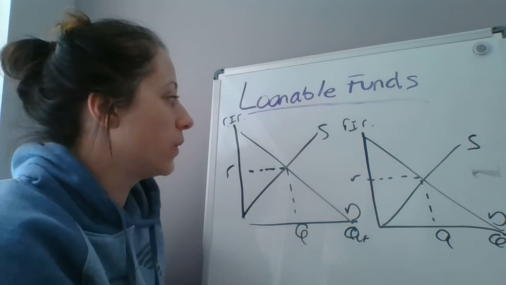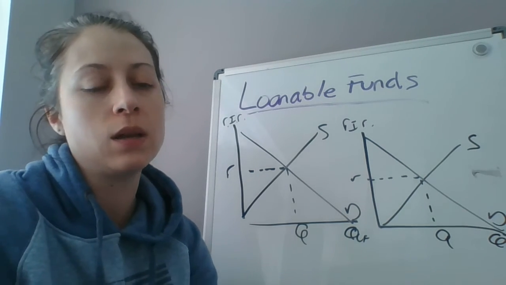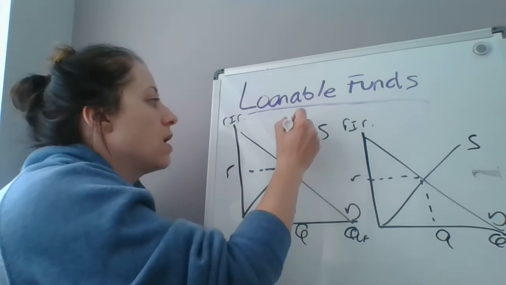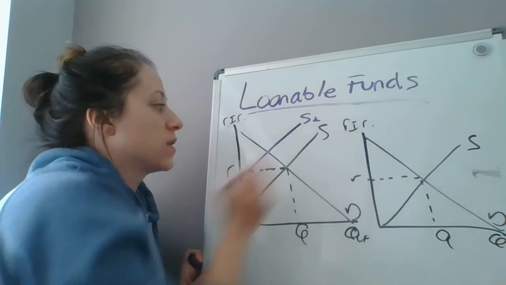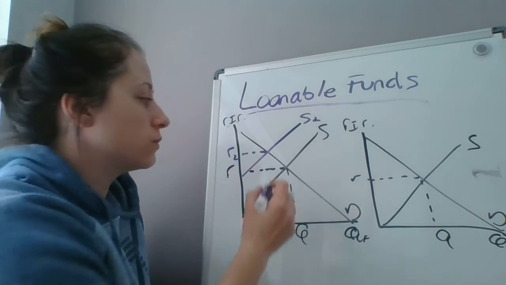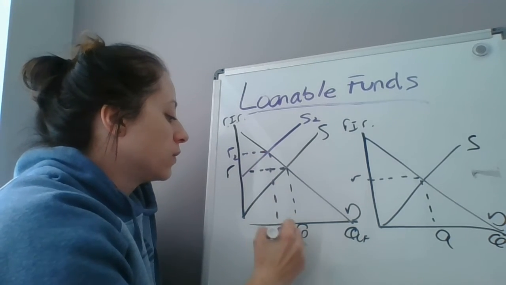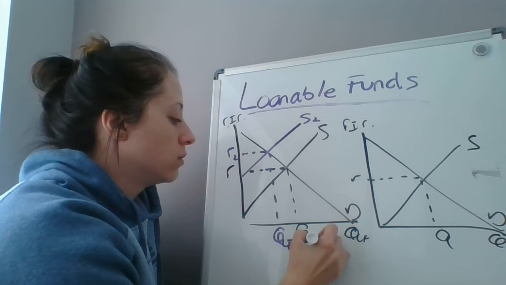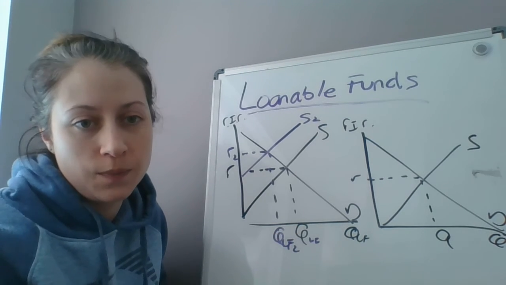When they borrow money, what they're literally doing is taking money out of supply, right? And so your supply curve shifts to the left, which causes the real interest rate to rise, and the quantity of loanable funds available for everybody else to decrease.